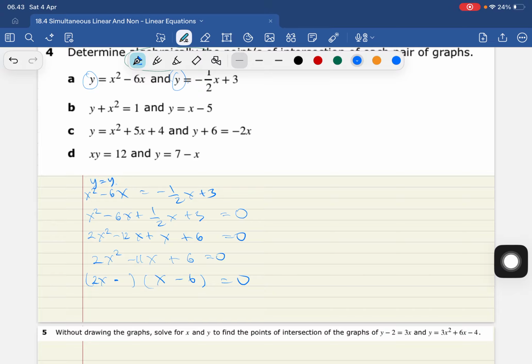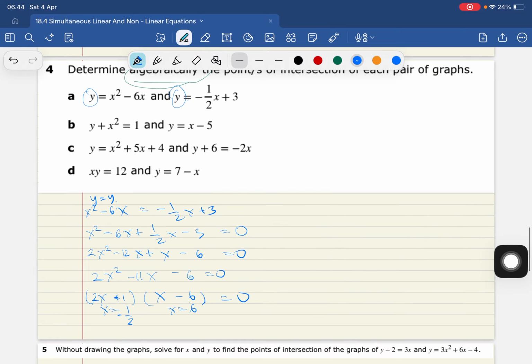So 2 times 2x minus 6, and here plus 1. So we get 2x plus 1 equals 0, so x equals negative 1 over 2, and then x equals 6.